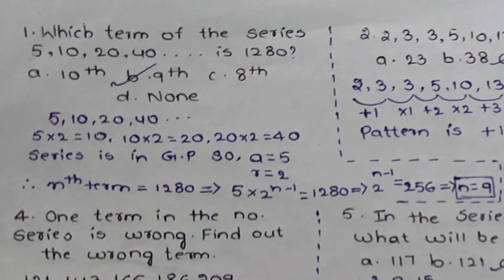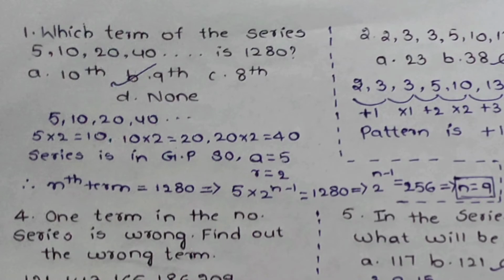Now in order to find out which term is 1280, let us consider that the nth term is equal to 1280. Now putting the formula, that is a r power n minus 1 is 1280, let us substitute the values. In the place of a I am substituting 5 and in the place of r I have used 2.